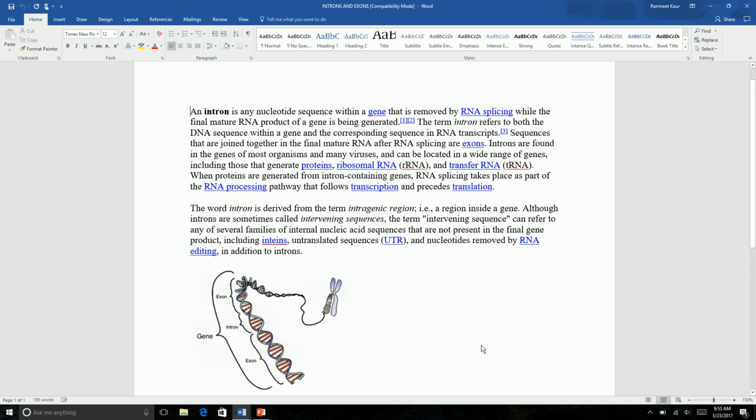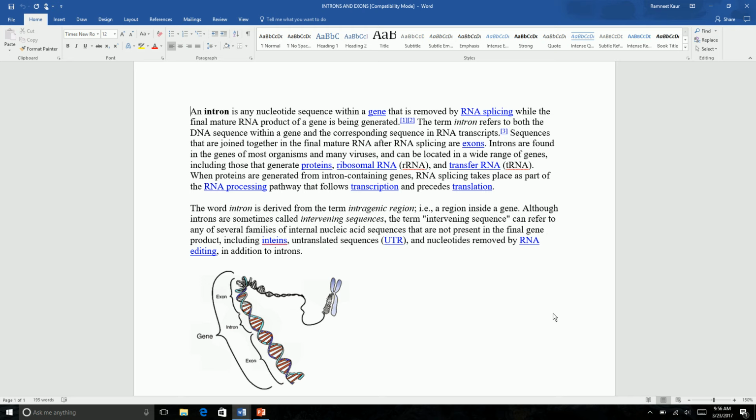I have already explained what introns and exons are. Once again, our genes are made of DNA, which is a chemical. We have talked about the structure of DNA. There are a lot of regions in the DNA which don't code for any proteins.